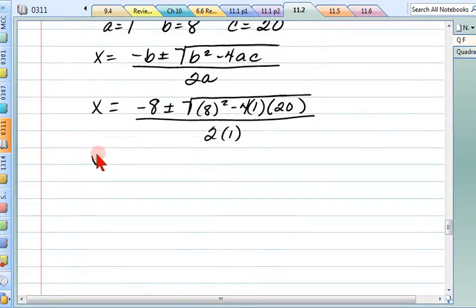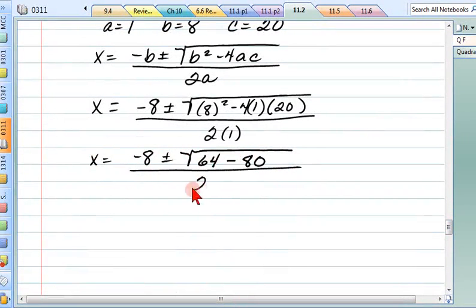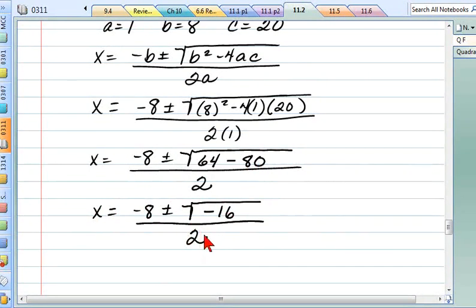That's going to give me x is equal to negative 8 plus or minus the square root of 64 minus 80 all over 2. X is equal to negative 8 plus or minus the square root of, what's 16 minus 80? Negative 16, and that's over 2.